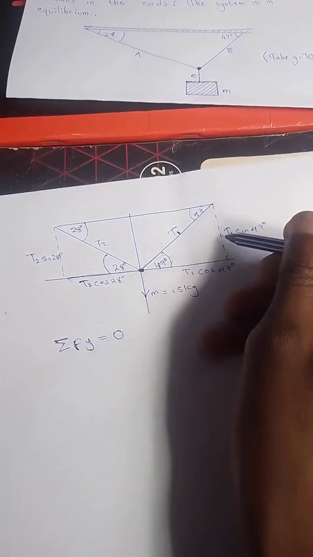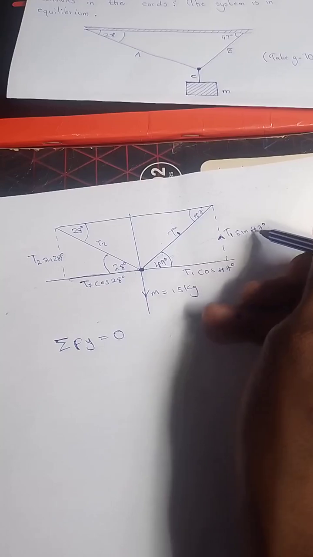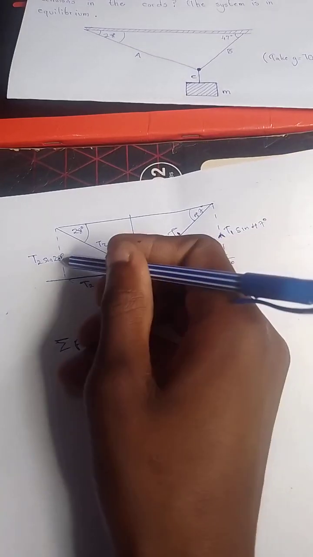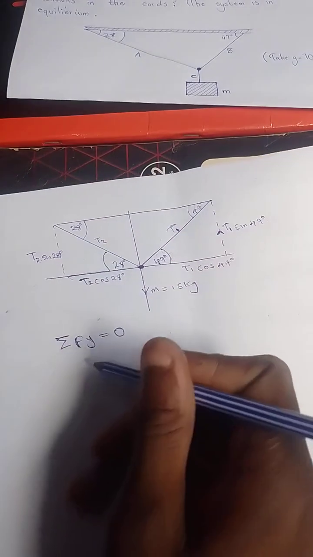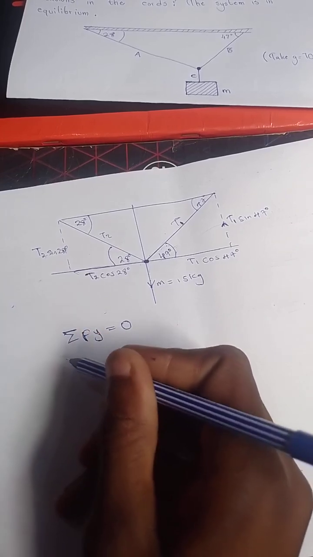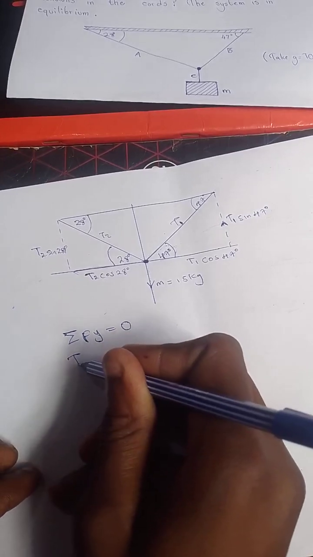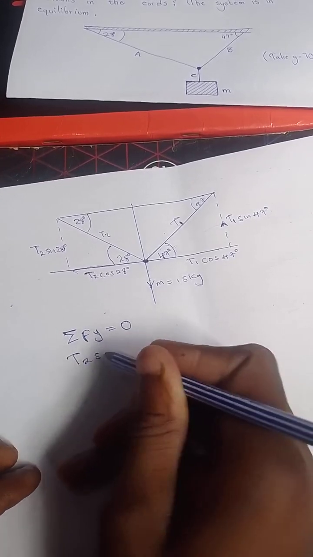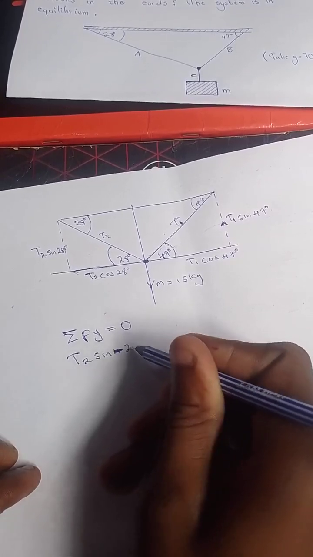Knowing that my T1 sine of 47 is moving up, and my T2 sine of 28 is also moving up, I can add those two. So we have T2 sine of 28 degrees.